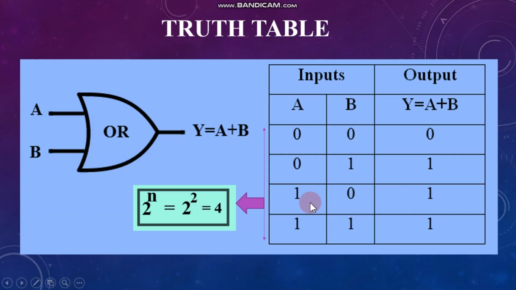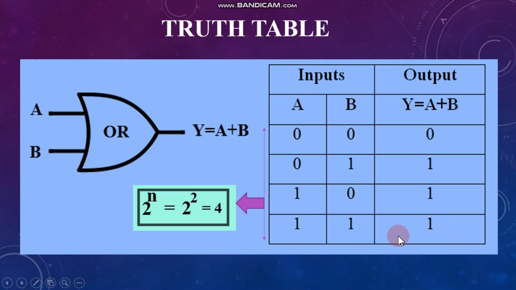See the third row. A is 1, B is 0, that is A is at high level, B is at low level. Since any one of them is at high level, the output is 1. The last row, A is at a high level, B is also at a high level, that is 1 1. So 1 1 means the output is 1.